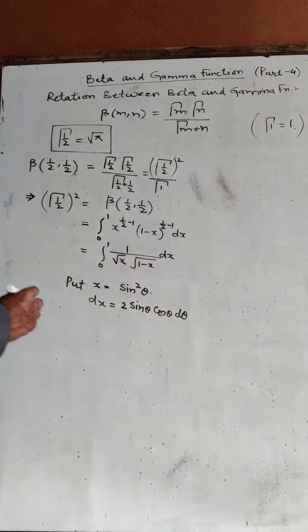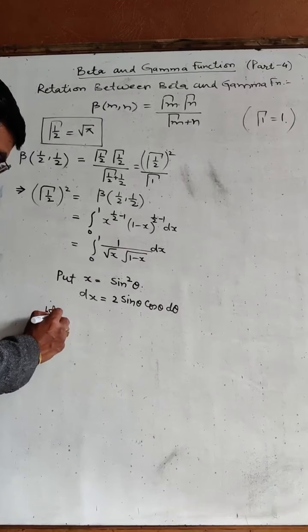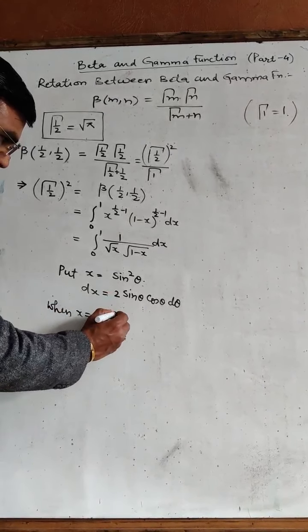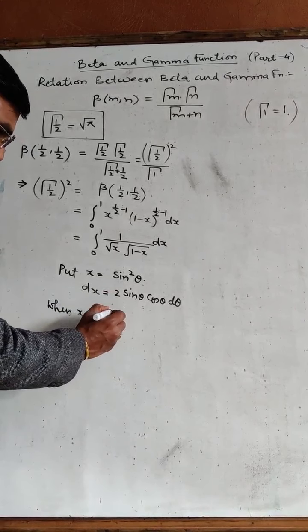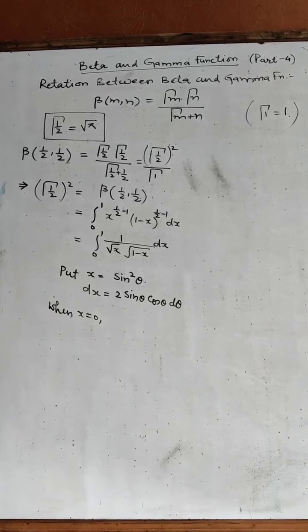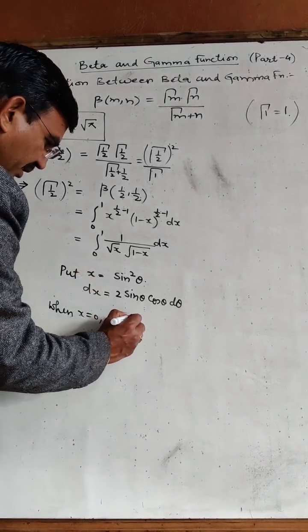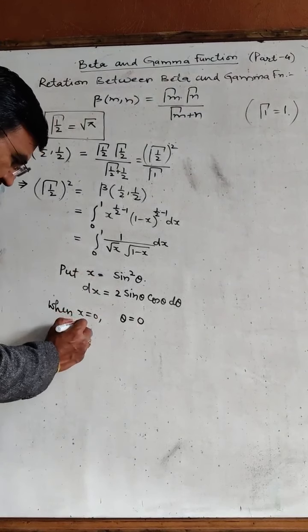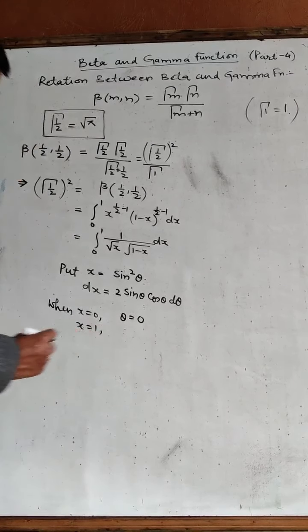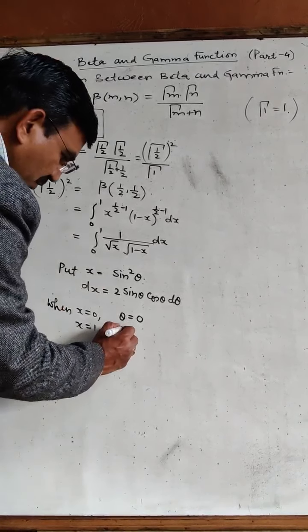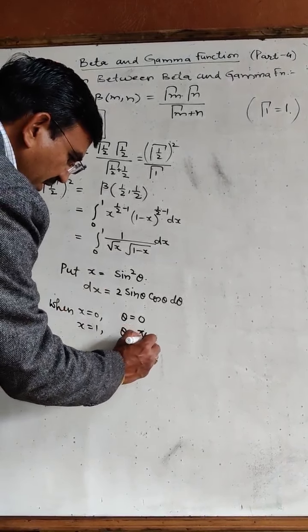Also, when x is equal to 0, sine square theta is 0, so theta would be 0. Also, when x is equal to 1, sine square theta is equal to 1, so theta would be equal to pi by 2.